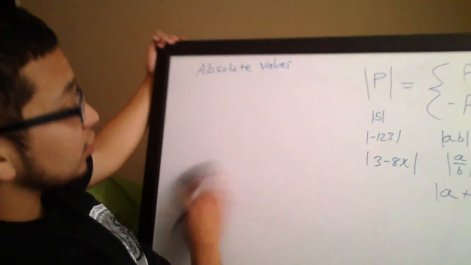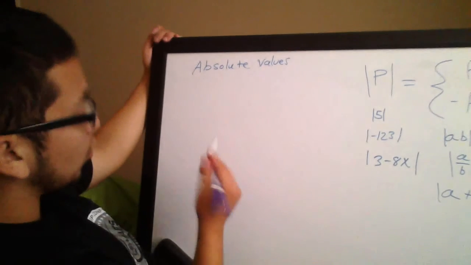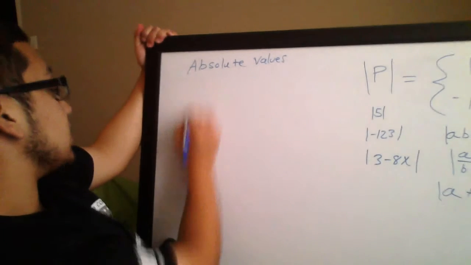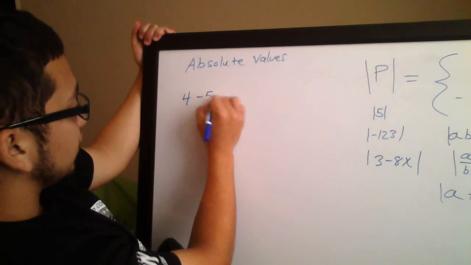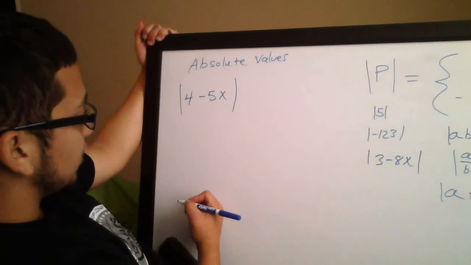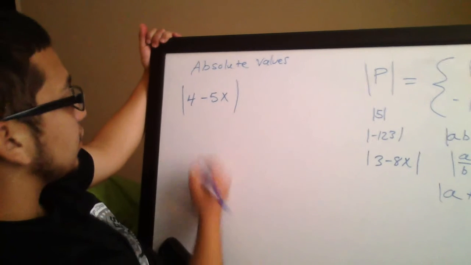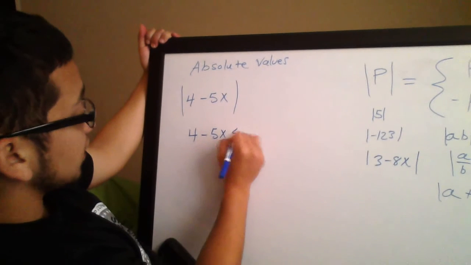So on your test, you most likely will see some type of inequality again. So you would have something like the absolute value of 4 minus 5x. So then you would say, okay, for my two cases, I have 4 minus 5x is less than 0.